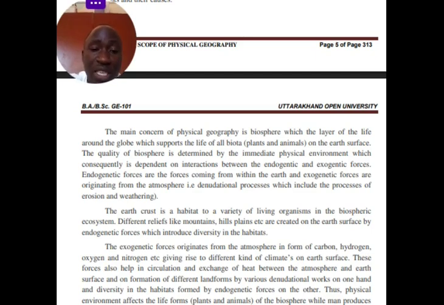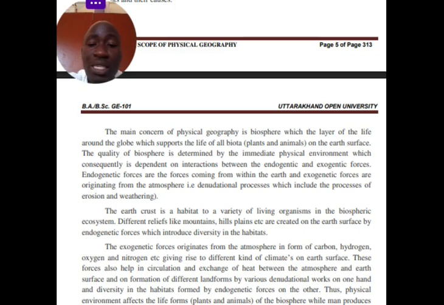They are saying that the main concern of physical geography is the biosphere. In other words, we are looking at the layer that supports life in terms of the existence of human beings.